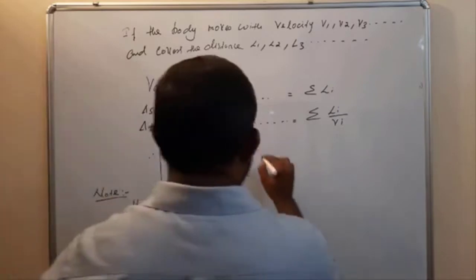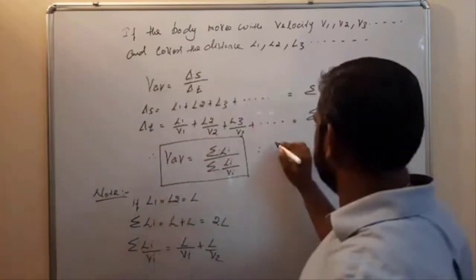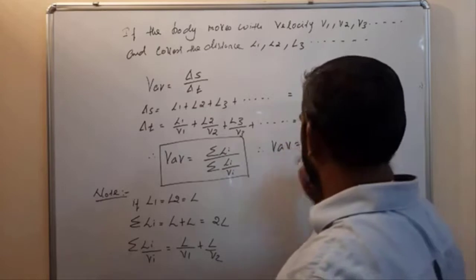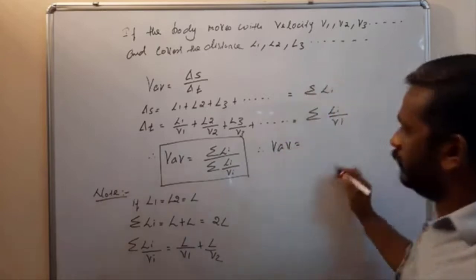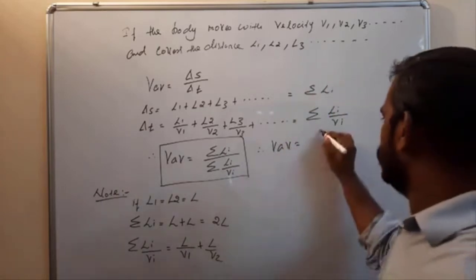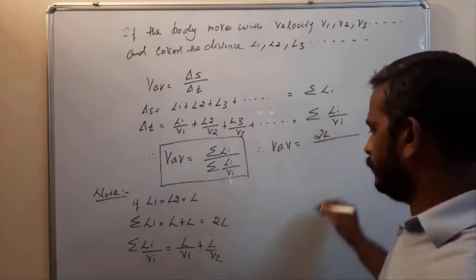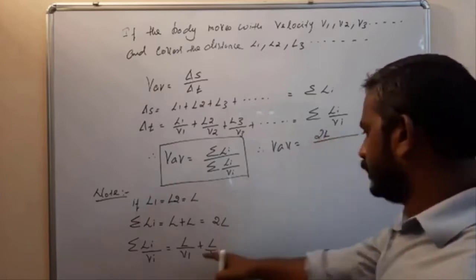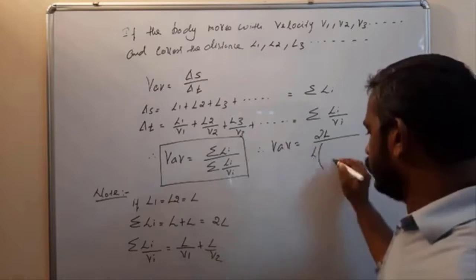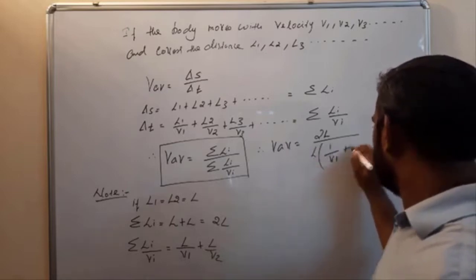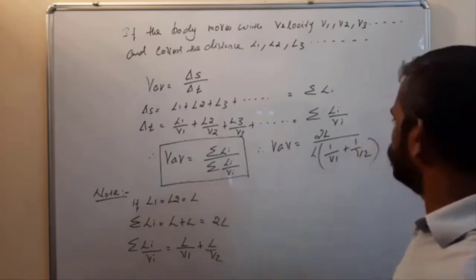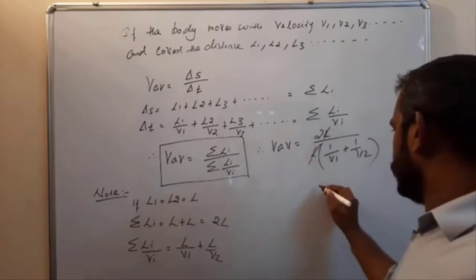Okay. So therefore, the average velocity VAV is equal to 2L divided by, take L commonly outside, that is L into 1 by V1 plus 1 by V2. So L gets cancelled.